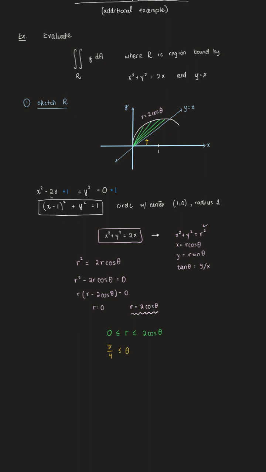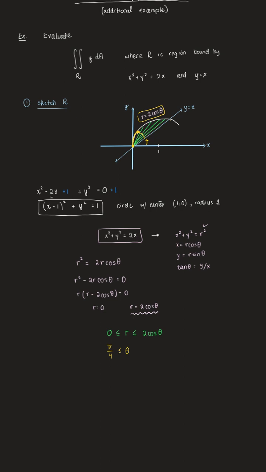And now let's think. We are going to go in this direction until we get here. If we start at pi over 4, the function gets us back to 0. Let's figure out when that happens. For r equals 2 cosine theta, when theta is pi over 2, that's going to give us the r that comes back to 0.